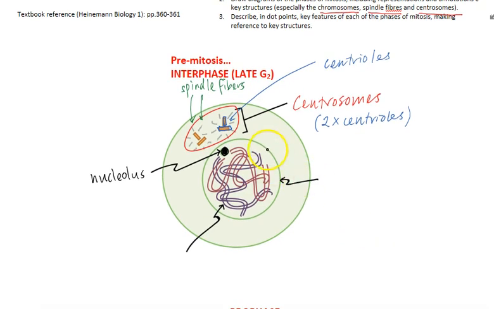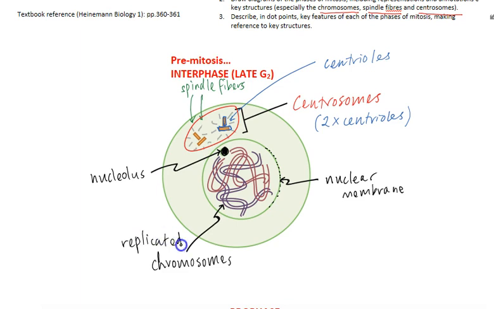Now what do we see here? This green ring here is the nuclear membrane, and the nuclear membrane is completely intact at this stage. We also have these stringy things. These are our chromosomes, and if you want to add more detail, these are replicated chromosomes.